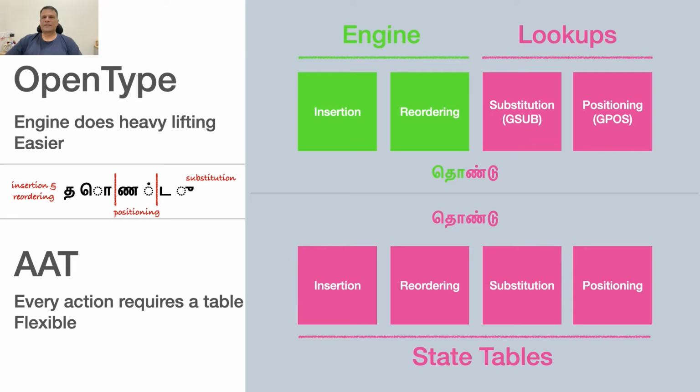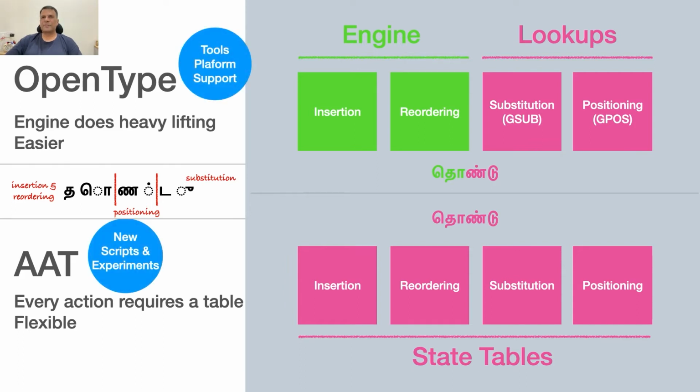The engine does the heavy lifting. It's a lot easier. Whereas in AAT, you have to do all of this yourself: insertion, reordering, substitution, and positioning. All these are done using state tables, which can be quite a challenge to understand and work with. Every action requires a table. Insertion requires a table, sometimes multiple tables, likewise reordering, substitution, and positioning.